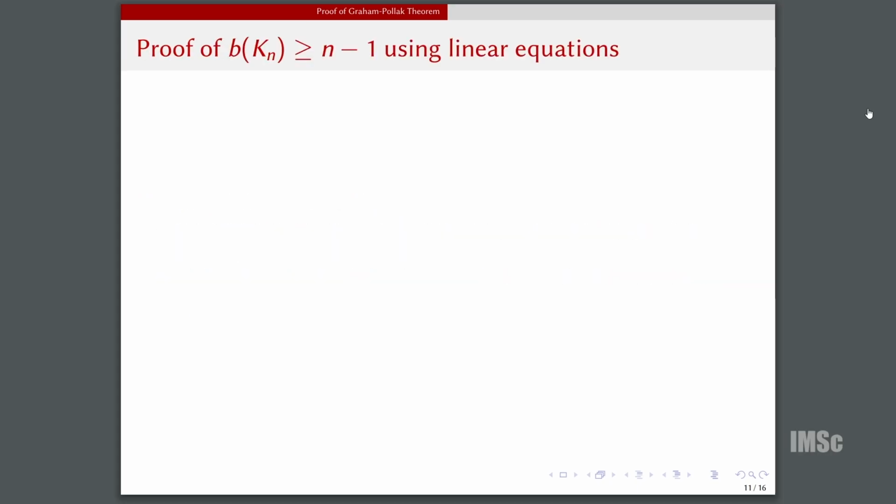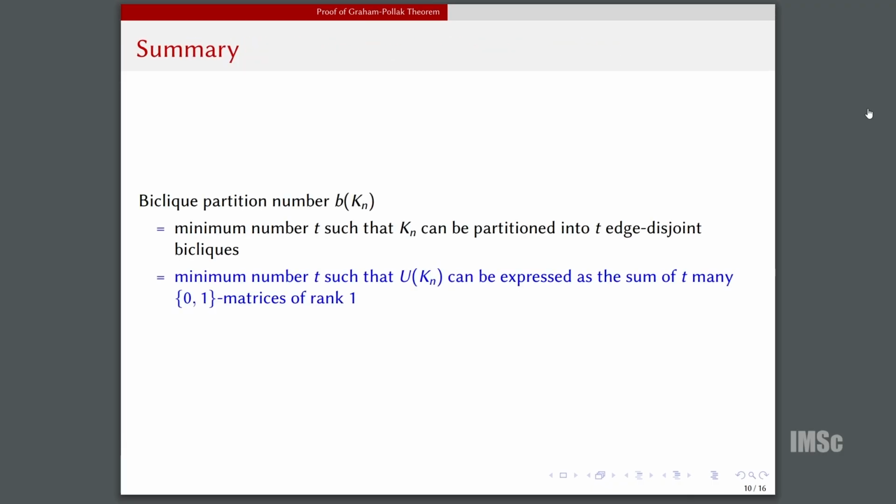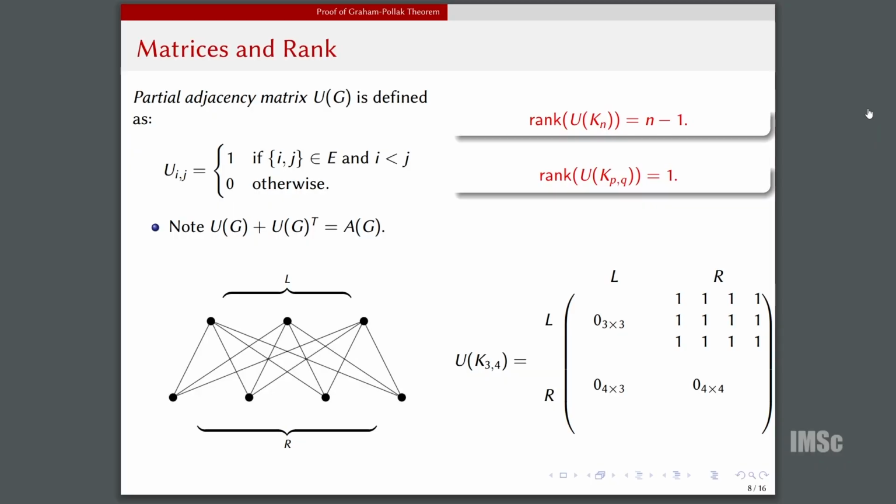So let's move to the second proof. But any question about this proof so far? It's very simple, but is there any doubt about why it's simple? Can you do this without partial adjacency? Yeah, there are many proofs. Here I just took the partial adjacency matrix, but people have worked with just this equation as well.